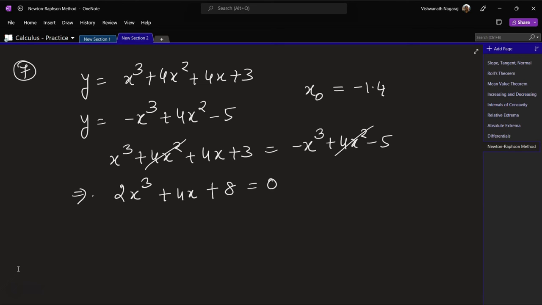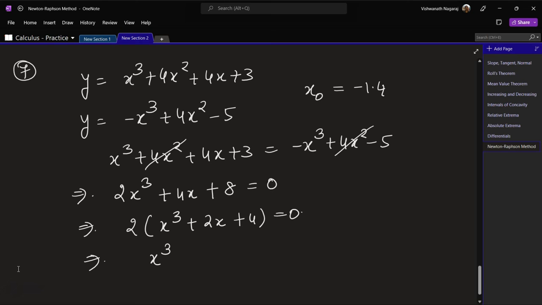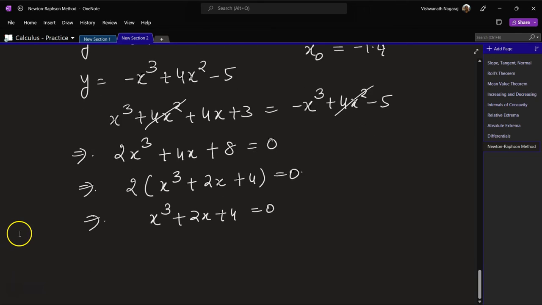For what values of x will it be 0? Now we can simplify it further by taking 2 common. We get x cube plus 2x plus 4 equal to 0, which means we can cancel out 2. We get x cube plus 2x plus 4 equal to 0. So we have to figure out the zeros of this.